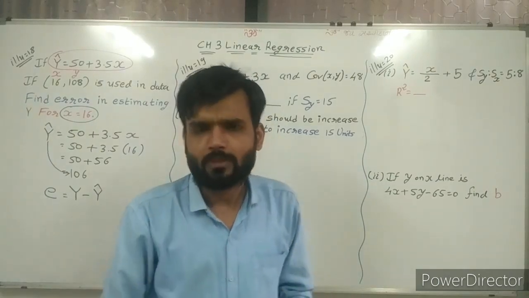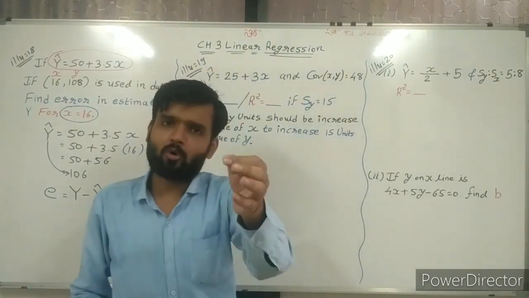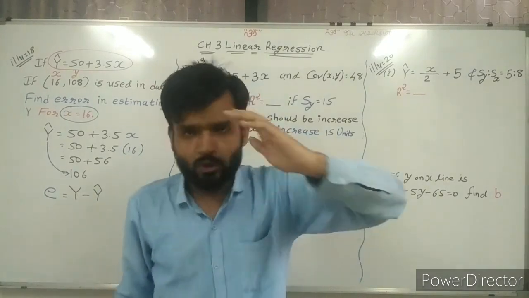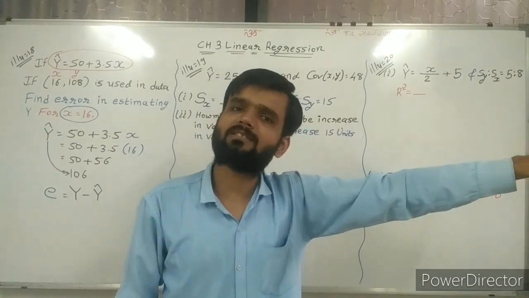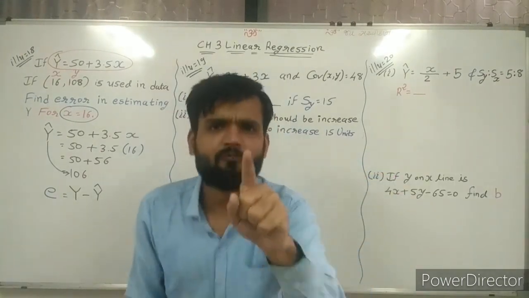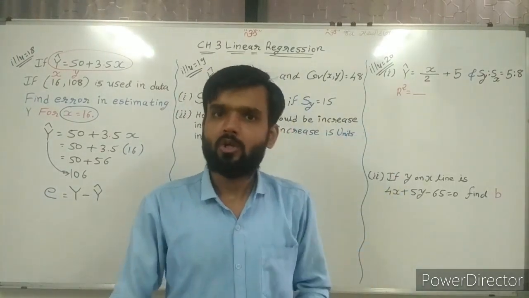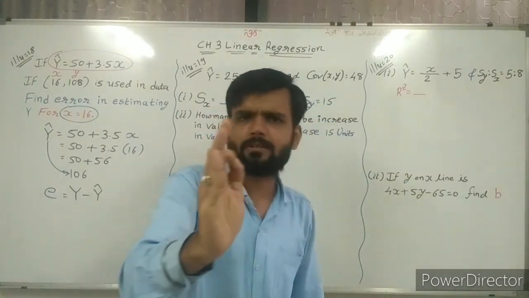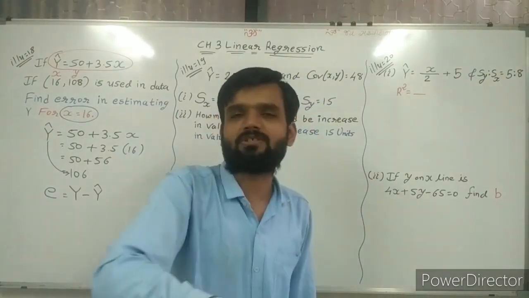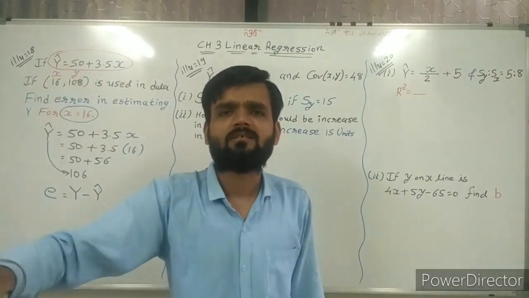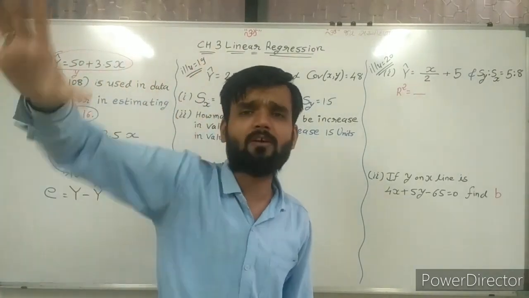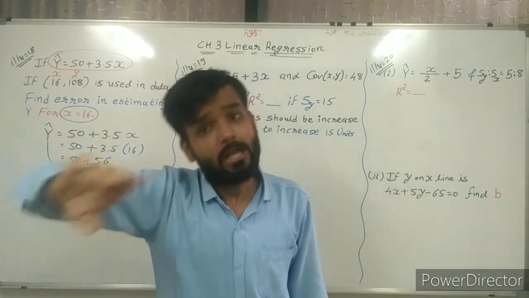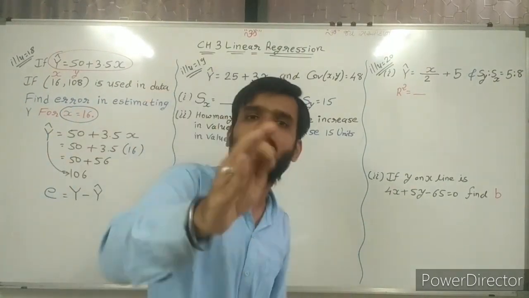Taking one example, try to understand. Suppose you expect to earn 5 lakh rupees next year, and if in future you earn exactly 5 lakh, then in your estimation there is no error, because your assumption was that you will get 5 lakh rupees next year, and you really earned exactly 5 lakh.